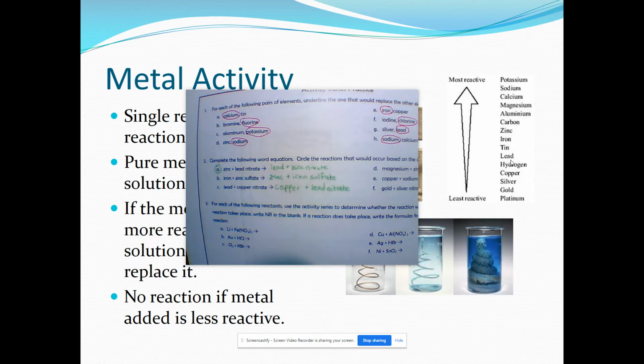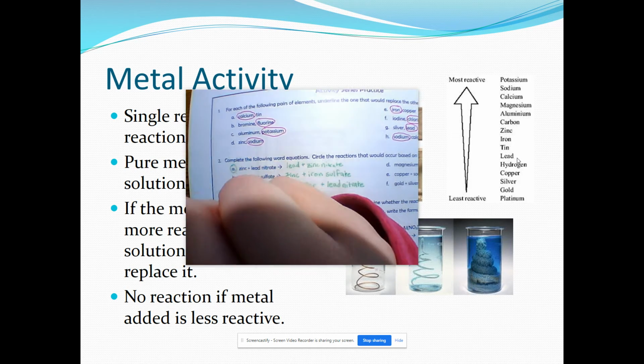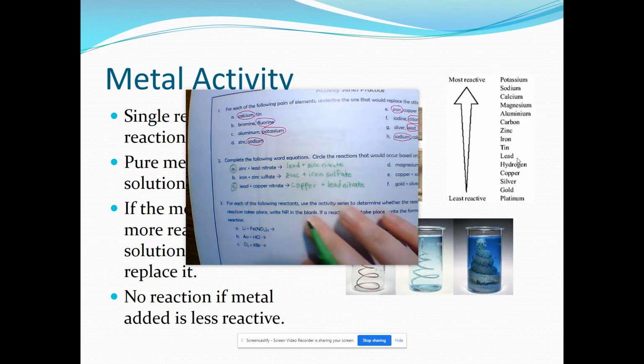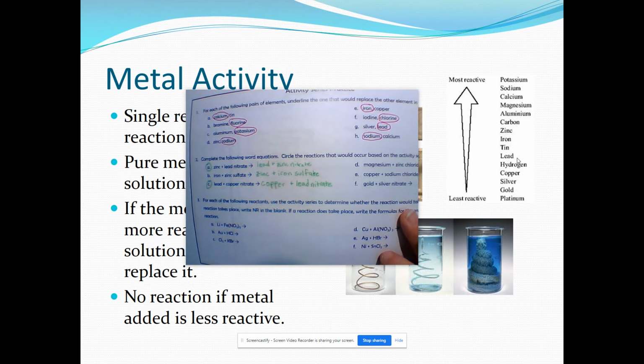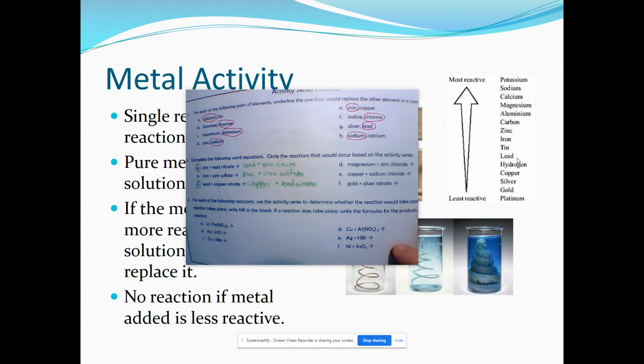So if we put lead into copper nitrate, because lead is above copper, this will react. So we're going to circle this one because it will react. Okay, because lead is more reactive than copper.